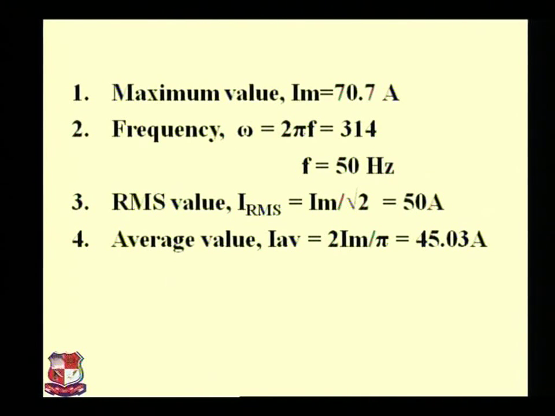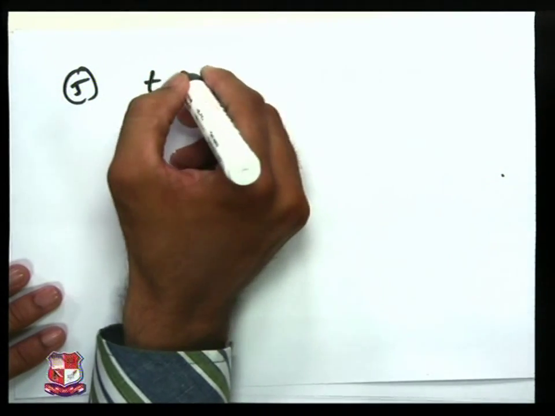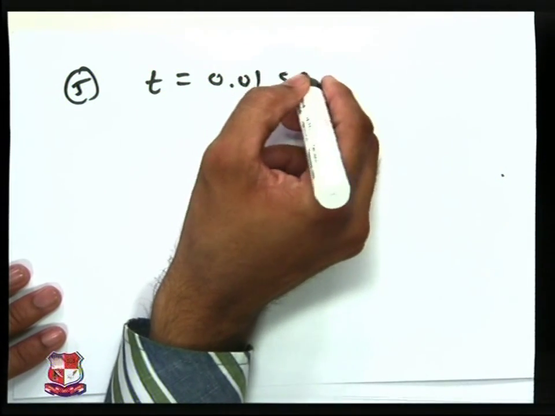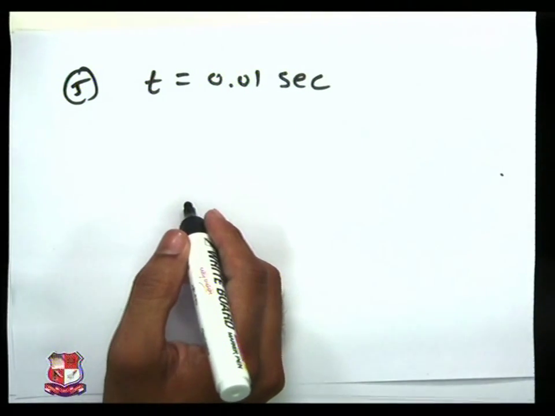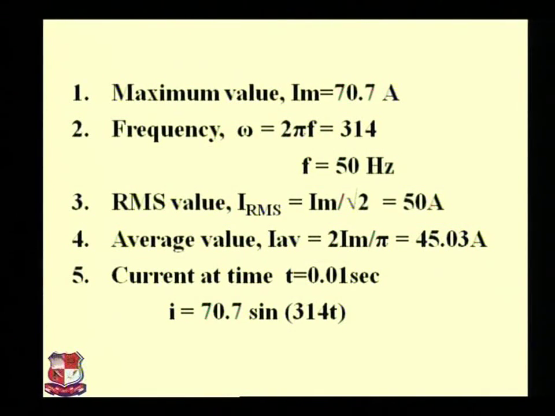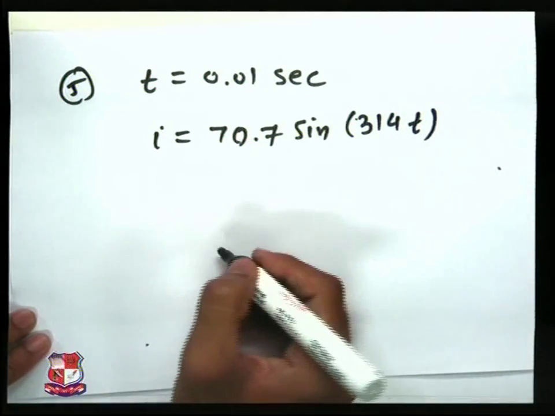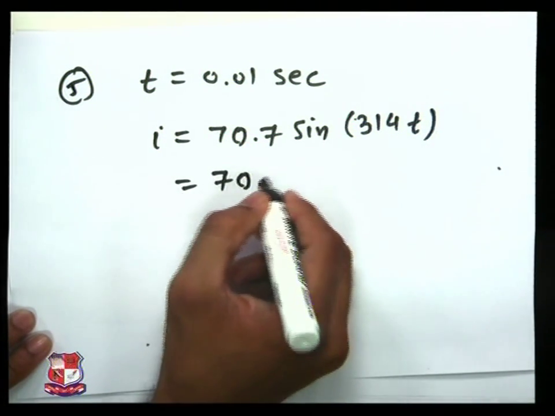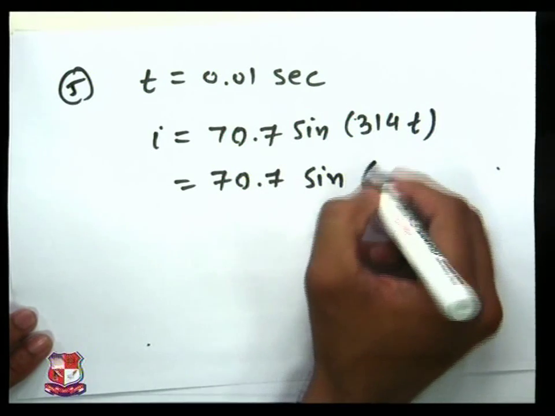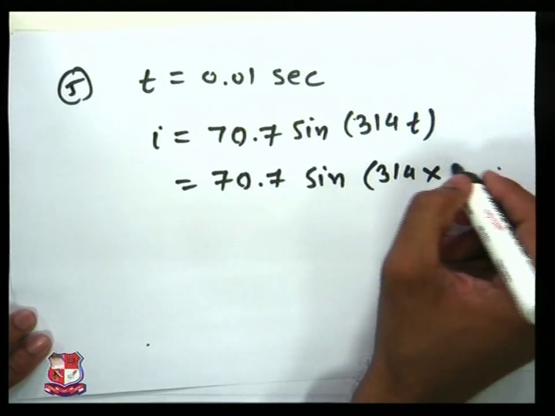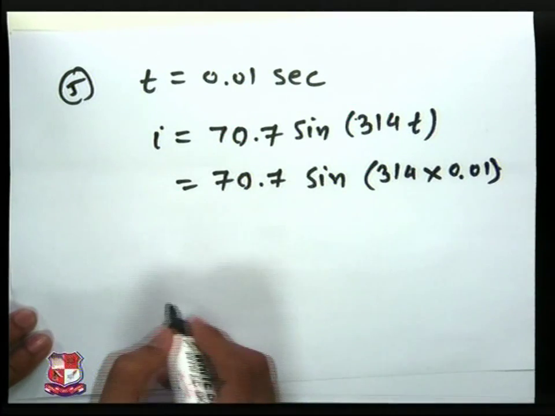And the final quantity is the current at time t equal to 0.01 second. So I know that current is 70.7 sine 314 t. So 70.7 sine 314 into 0.01.